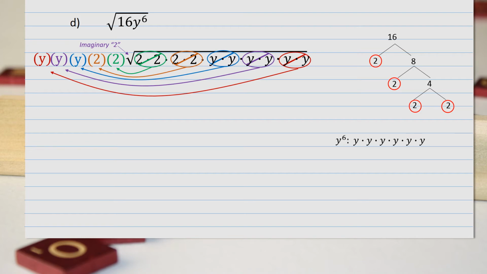Notice there is nothing left under the radical, and what we're left with is y times y times y times 2 times 2. Now we are used to seeing the values in front, so what is 2 times 2? And what's another way to write y times y times y? So in this case, your final simplified answer will be 4y cubed.